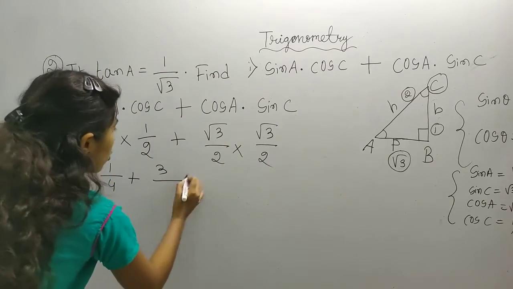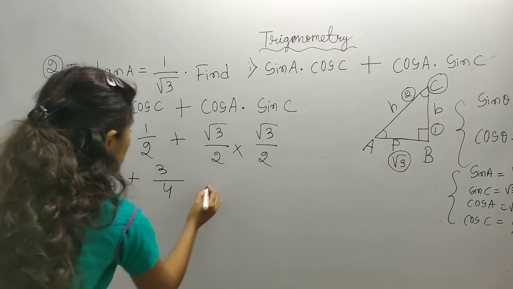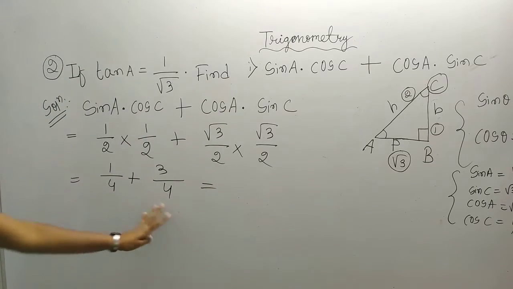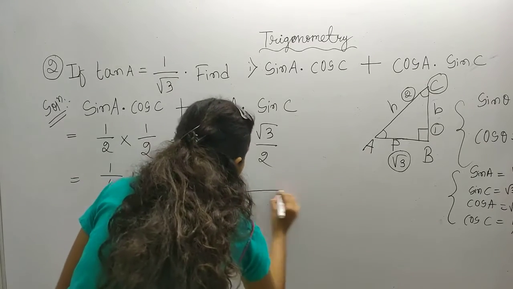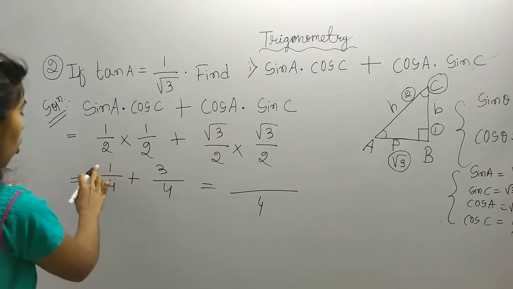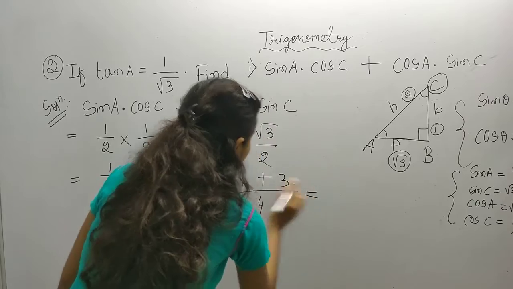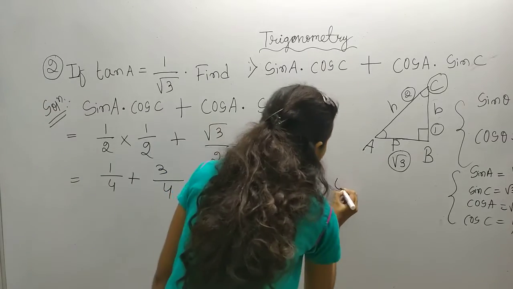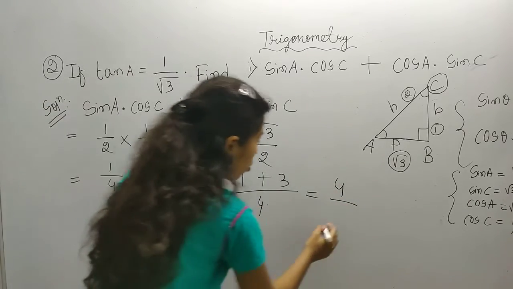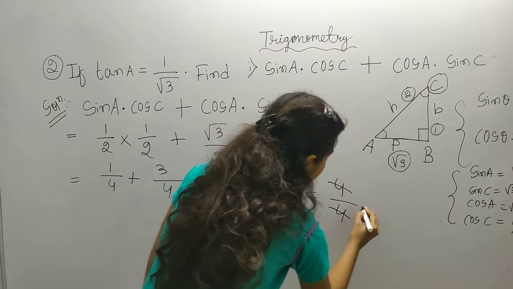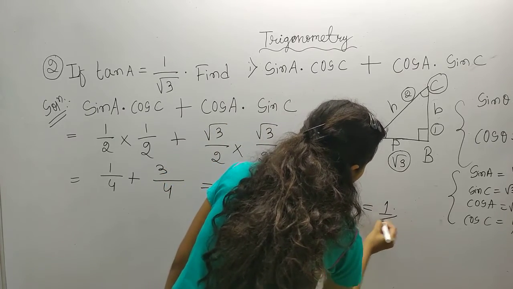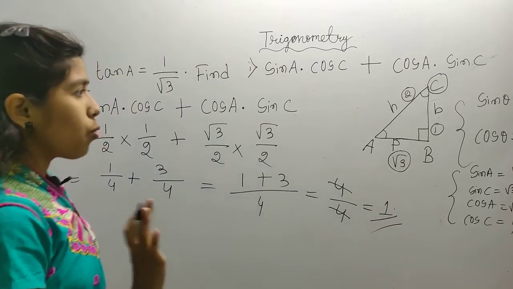Then 2 into 2 is 4. So equals, what is the LCM? 4 and 4, so the LCM is also 4. 1 plus 3. So 1 plus 3 is how much? 4. Here is also 4, so 4 and 4 will cancel. Then we will get 1. So our answer is 1.